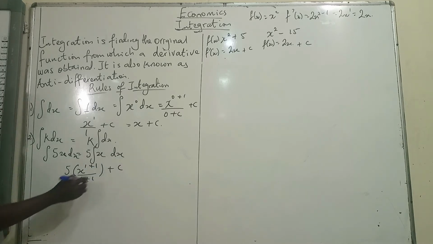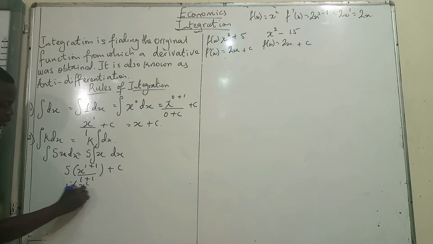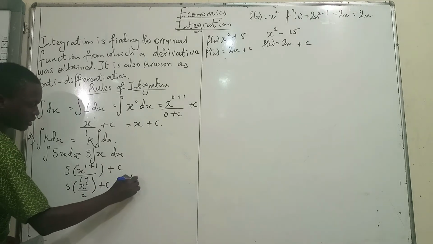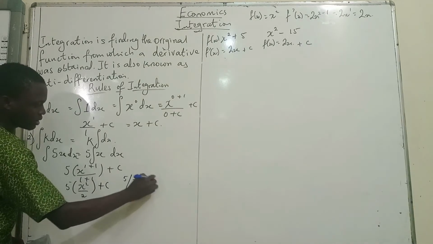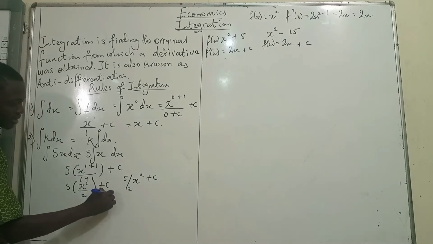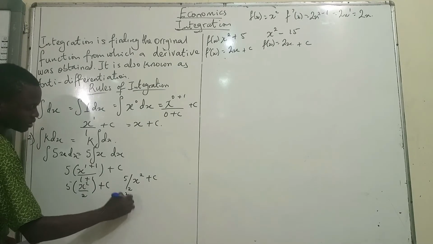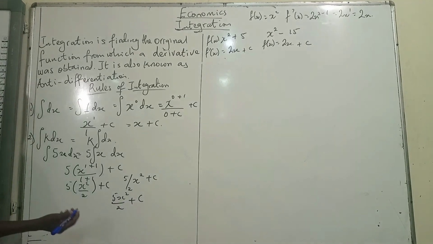This gives us 5 into bracket x squared over 2, then plus c, so we have 5 over 2 x squared plus c, or some people write 5x squared over 2 plus c. Whatever way you write it, that's the answer.